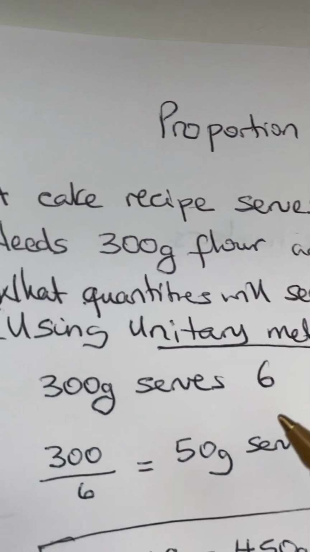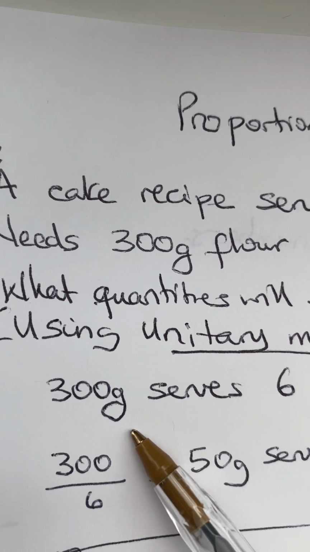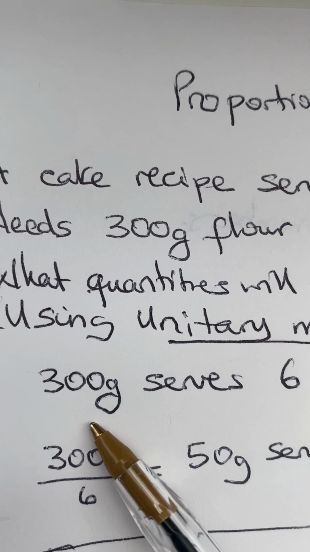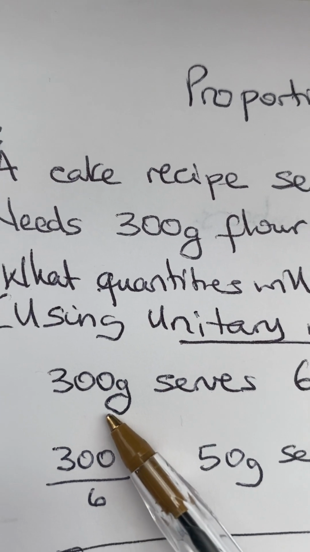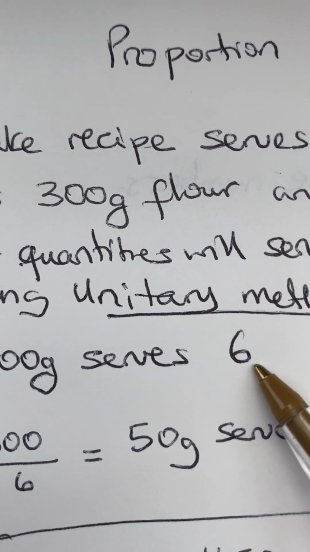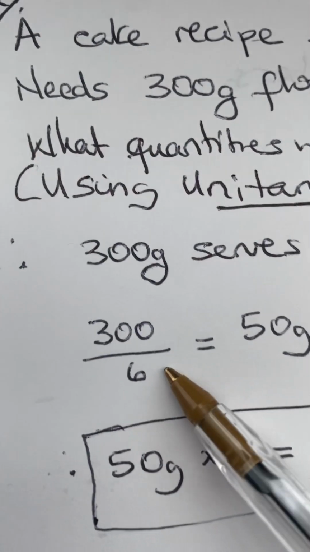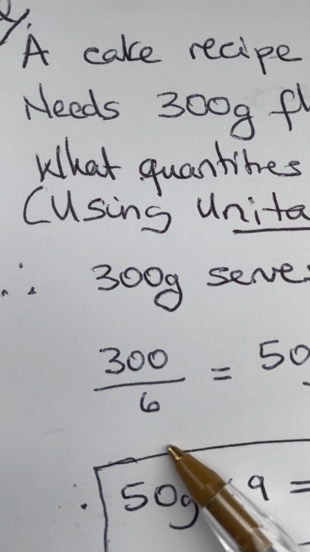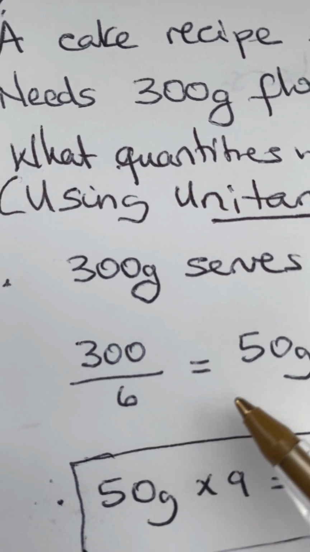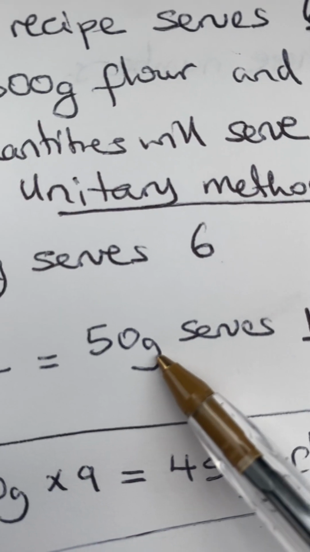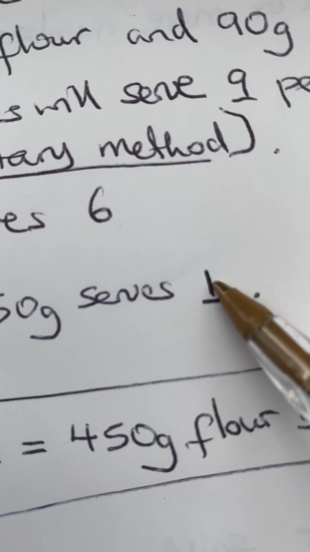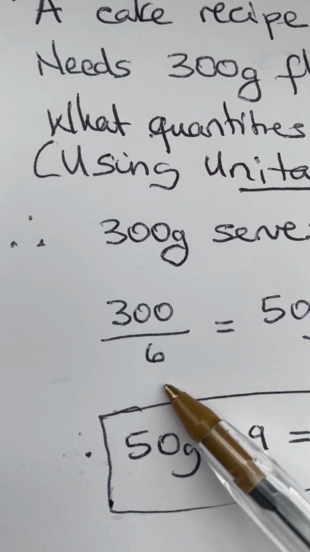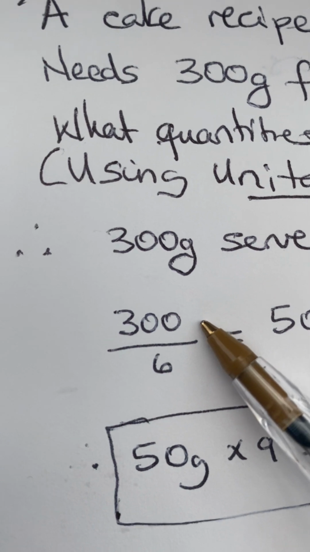So this is what I did. For flour, 300 grams will serve 6. So 300 divided by 6 equals 50 will serve 1, because 50 times 6 is 300.